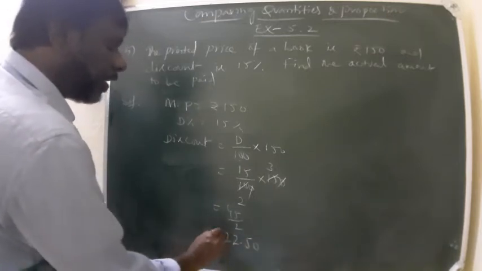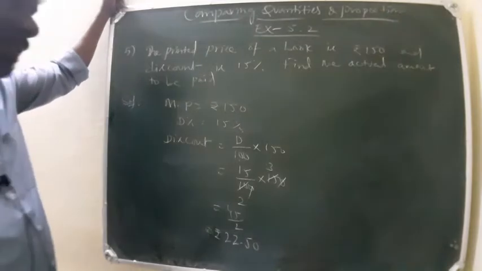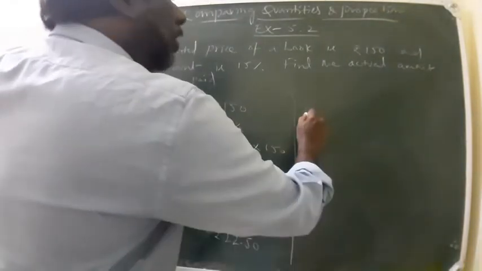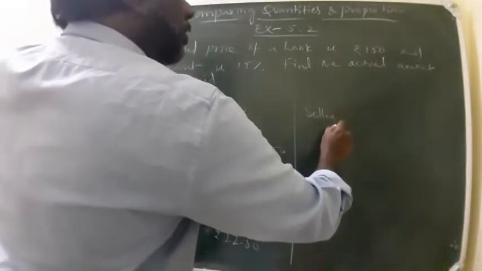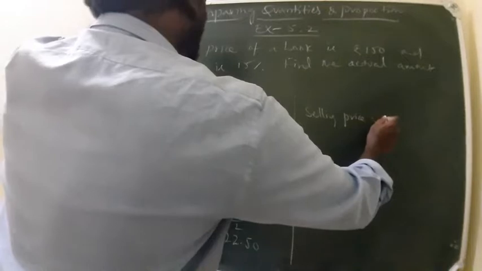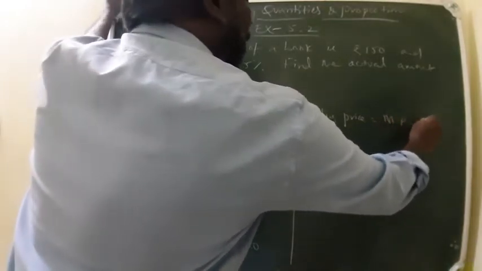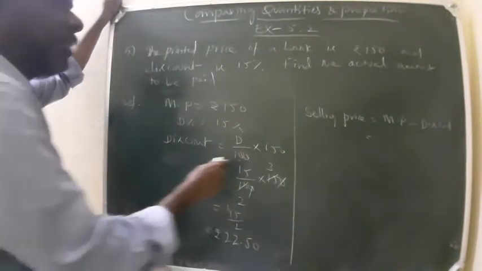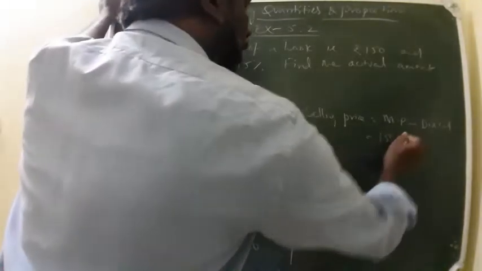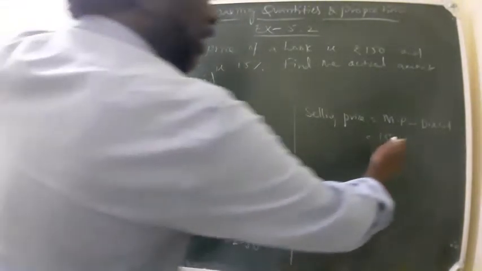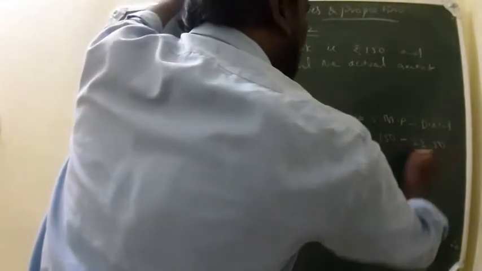So the discount given is 22 rupees 50 paise. So selling price is equal to market price minus discount. So selling price here is 150 rupees minus discount 22 rupees 50 paise.